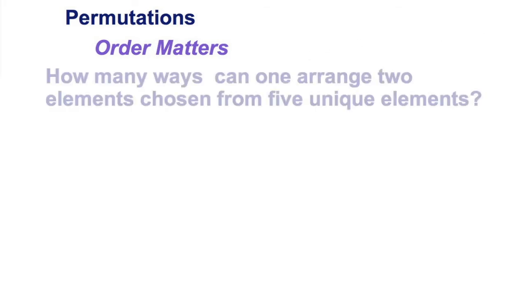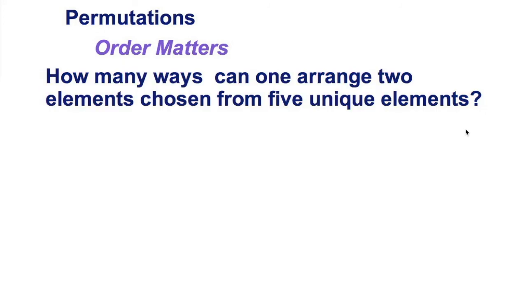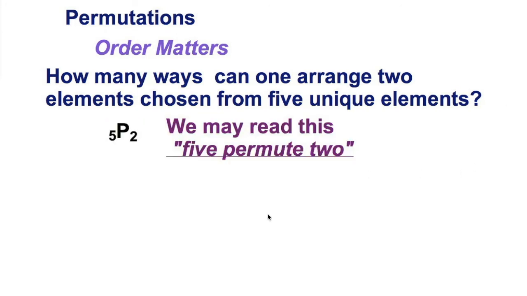So let's do this. How many ways can you arrange 2 elements chosen from 5 unique? That sounds like the previous page. Well, I'm going to write it this way, a 5 P 2, and these 2 are both in subscripts, meaning they're down low. 5 in the front, 2 in the back.